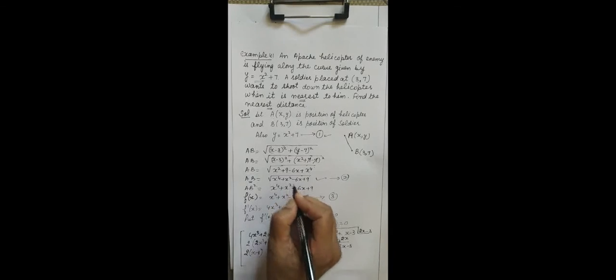Now what was the requirement of my question? My question stated find the nearest distance. So remember beta, what was my distance? Distance was AB equal to root of x^4 plus x square minus 6x plus 9. So I will substitute the value of x is equal to 1 in this expression.